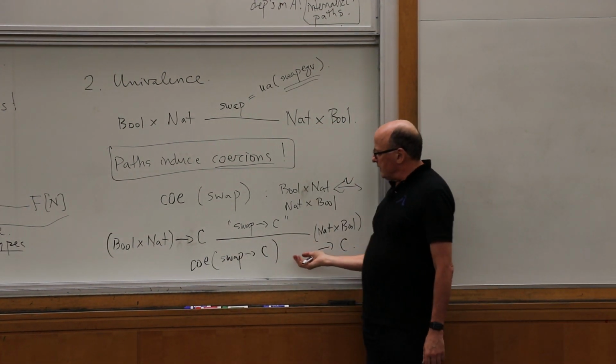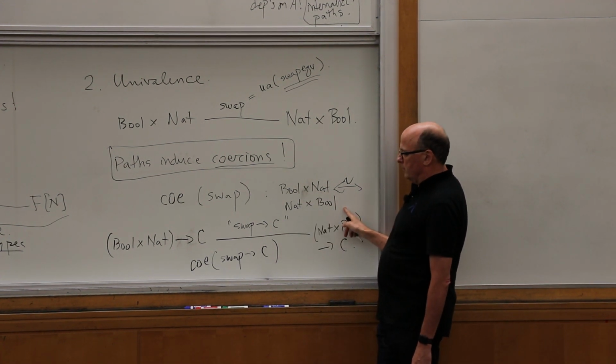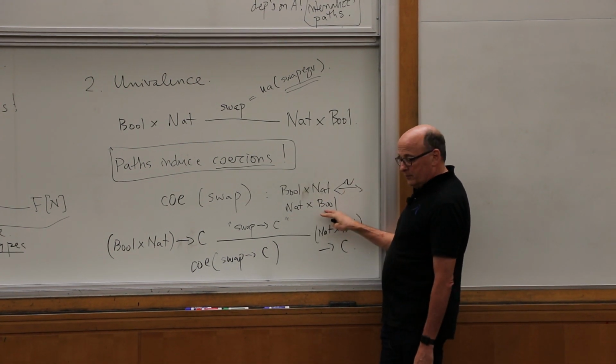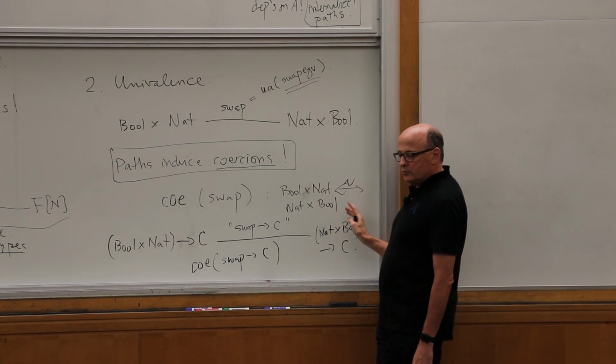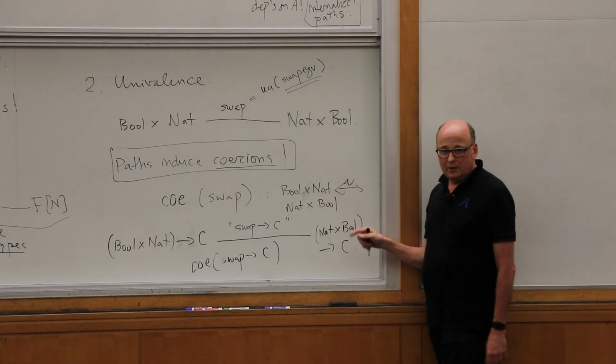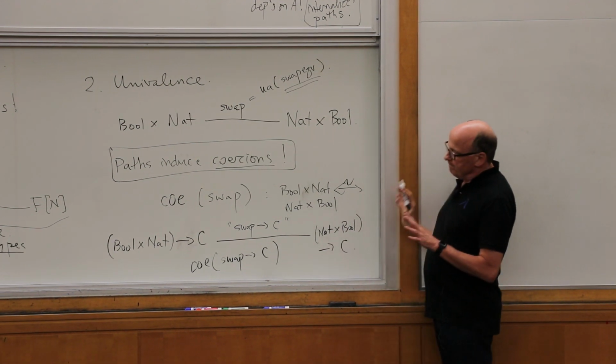It has to be something that, when you give it a function and then give it an argument of nat cross bool, turns that into a C. Well, you swap it, call the function you're given, and that's your answer. So I'll show you how that works. That's the plan.